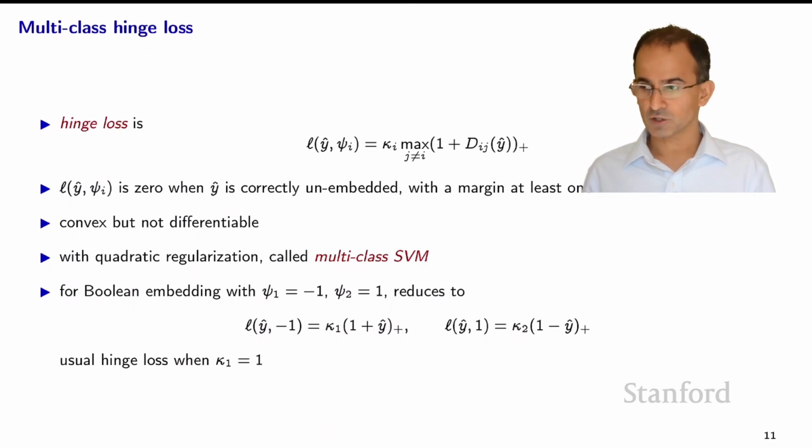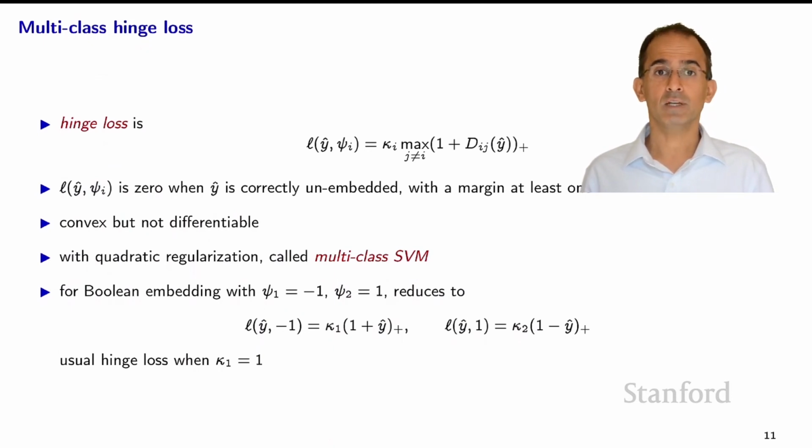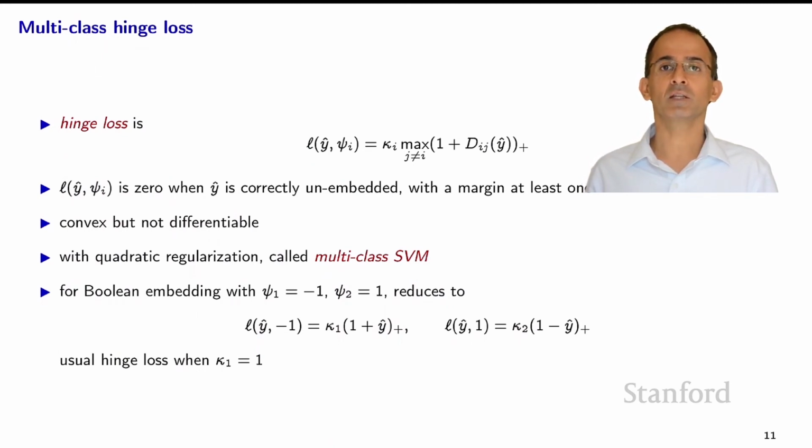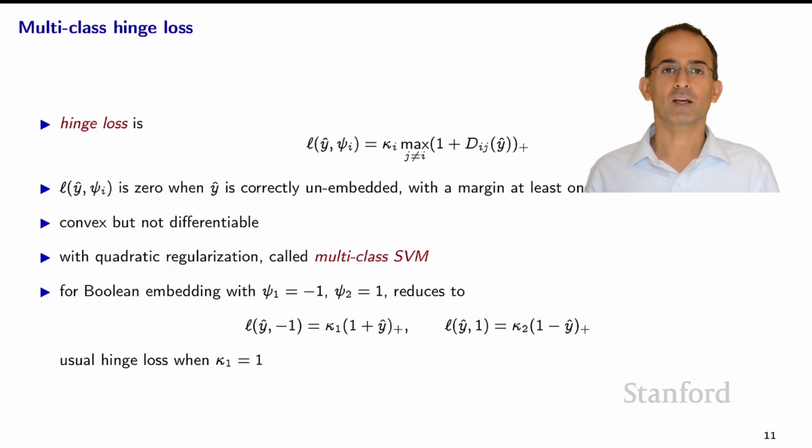And this is a loss function which is 0 if y hat is in the right region with a margin of at least 1. And so it has to be not only within the right region, but it has to be deep within the right region. And this is a convex but not differentiable loss.